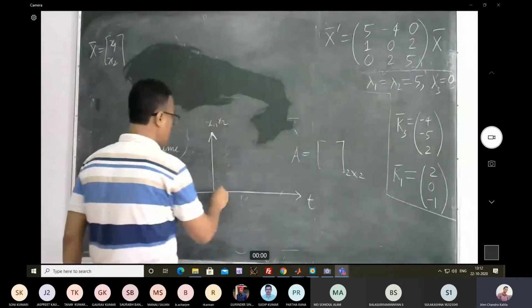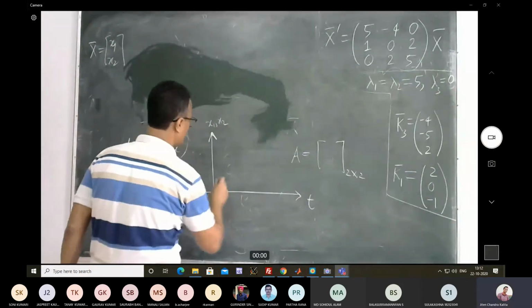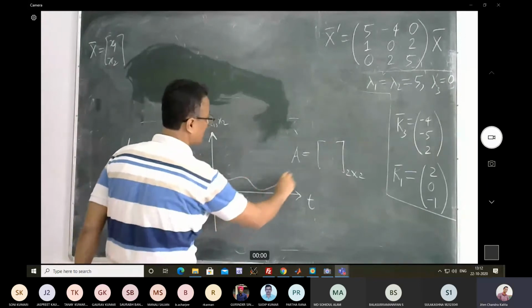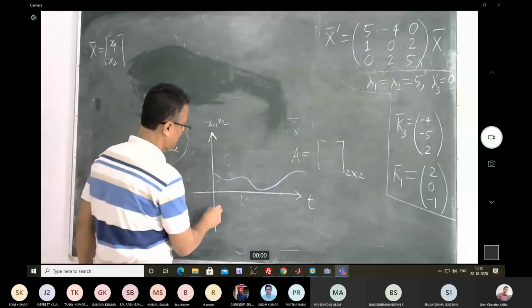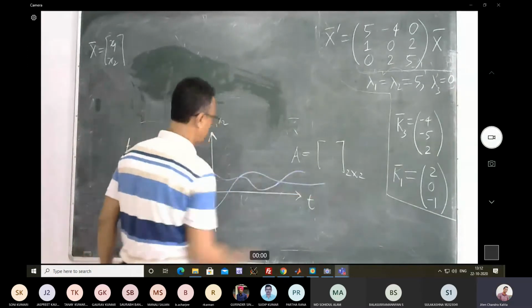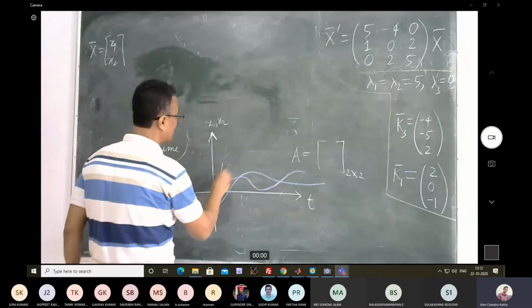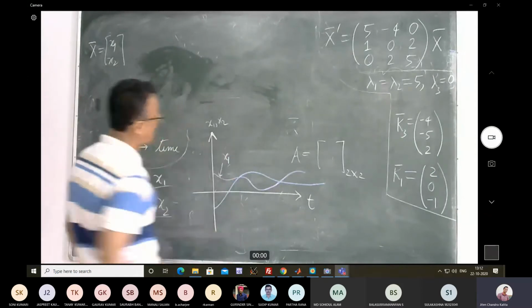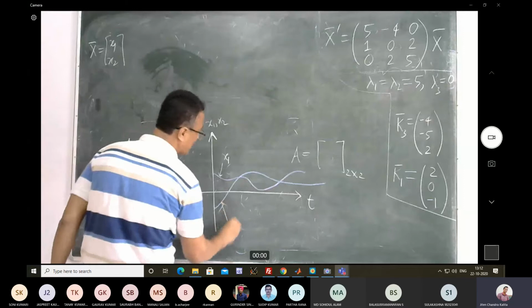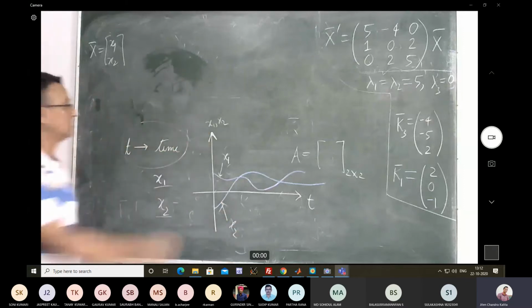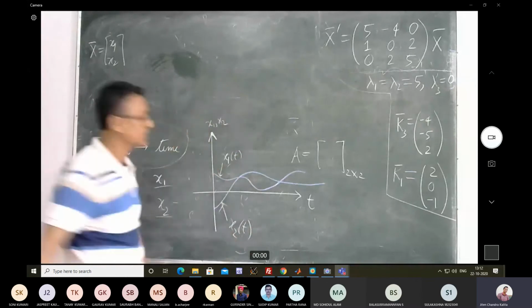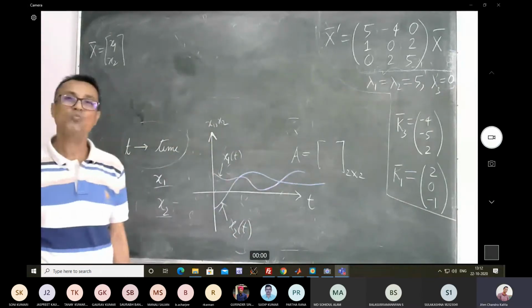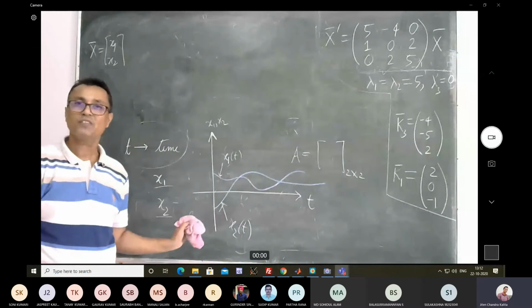Say this violet graph is x1 and the blue graph is x2. So this is simply the graphs of x1 and x2 with respect to t. So far, so good, right? Is it clear to you?